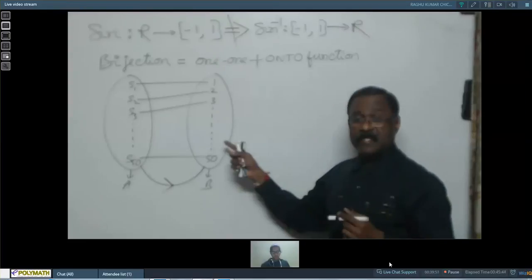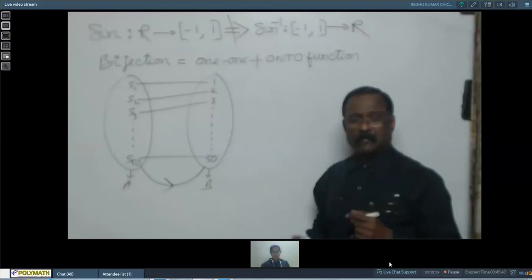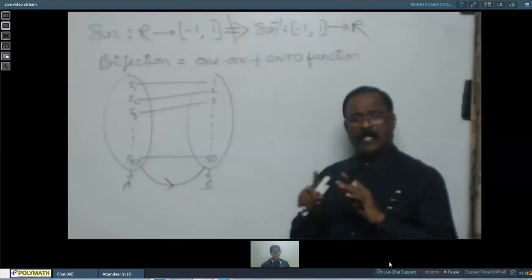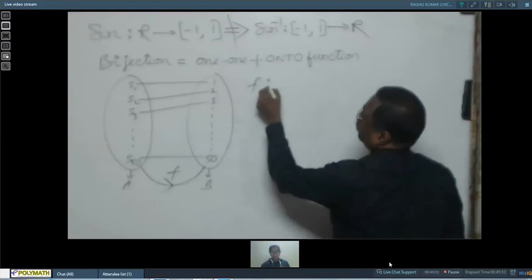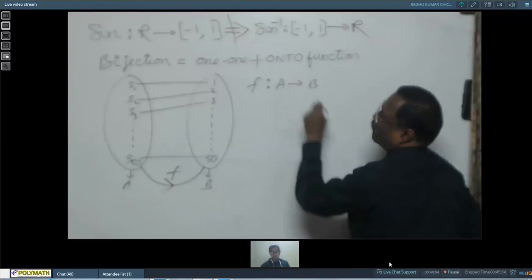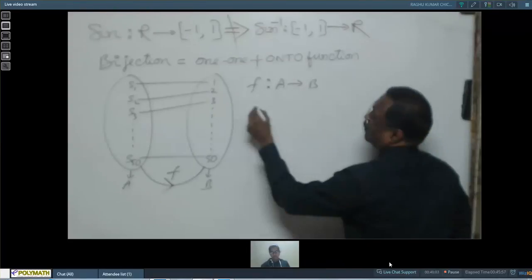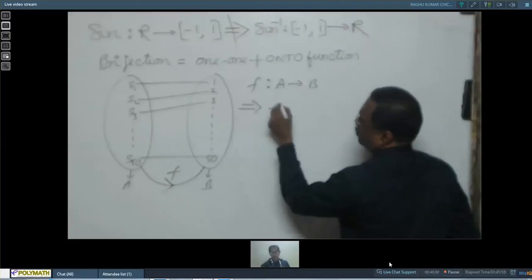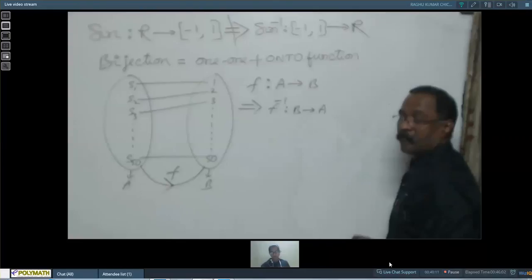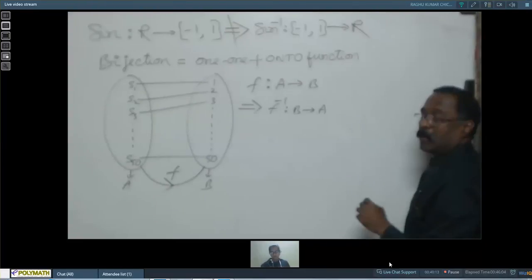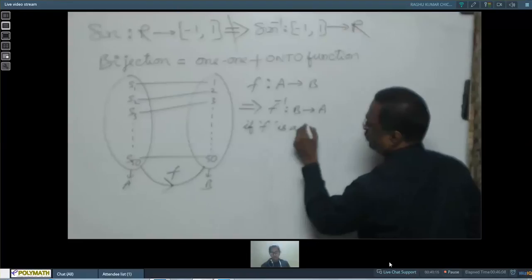Now, this is related to the inverse of a function. The general definition is: if f is a mapping from A to B, we can immediately write that f inverse maps B to A if f is a bijection.